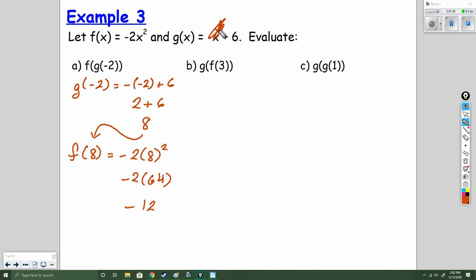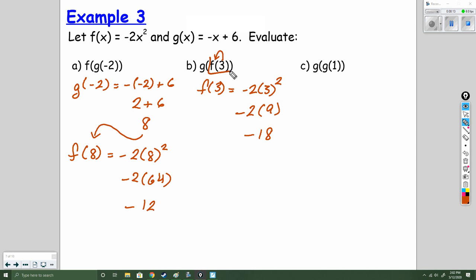In example B, we're going to first take 3 and plug it into f. So f of 3 is the output value when we plug 3 into function f. We have 3 squared, which is 9. Negative 2 times 9 is negative 18.